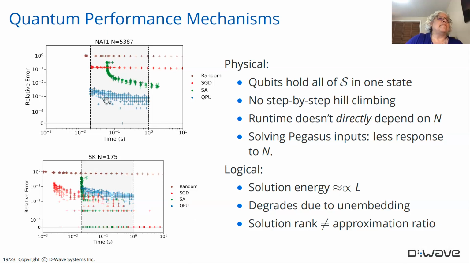Yeah, and also I've come to believe, this last bullet point here, that measuring solution rank, just best, second best, third best, is more important and more informative than measuring approximation ratio.